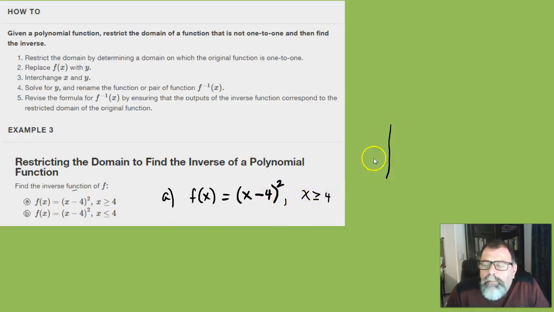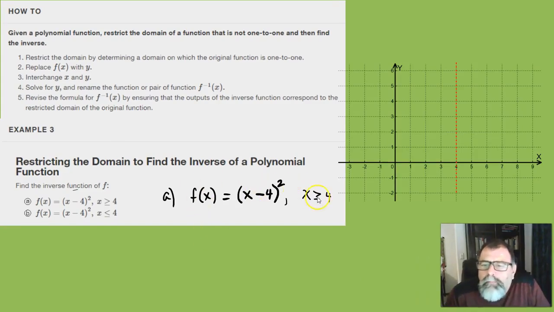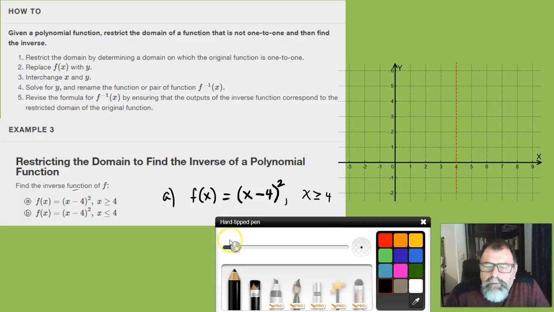So we're going to have that parabola, 1, 2, 3, 4. I'm going to give you a crude drawing here. And then 1. I guess I can make it nice. Okay, so again, we're restricting the domain x is greater than or equal to 4, and that's where the vertex of the basic x squared function is going to be.